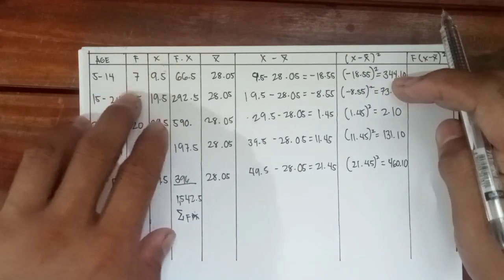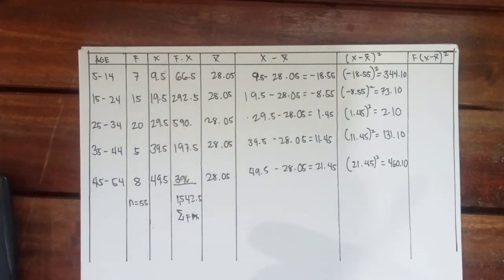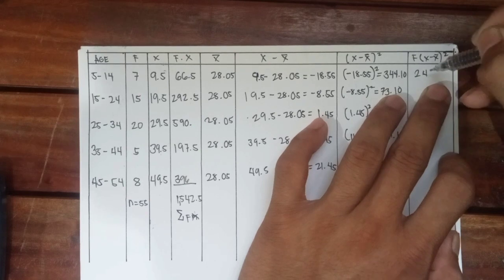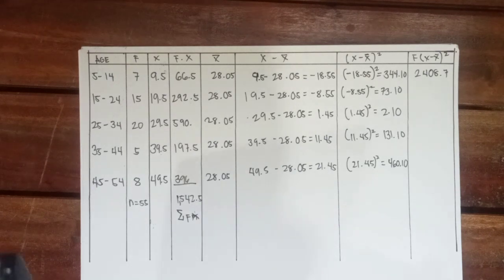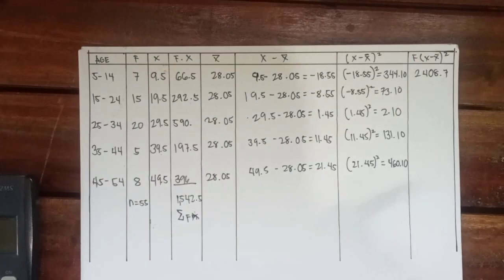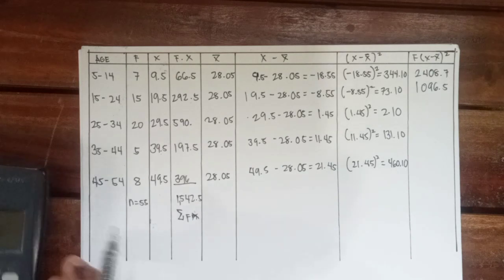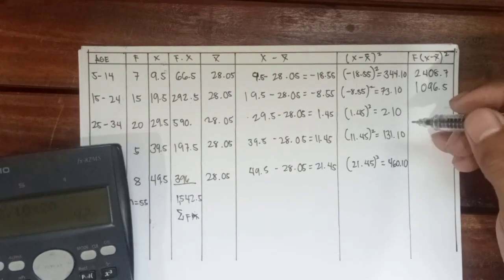So, ang huling proseso nito ay i-multiply natin yung f dito. So, multiply natin yung 7 times 344.10. And the answer is 2,408.7. Continue ang proseso. 15 times 73.10. So, 1,096.5. And then 2.10 times 20 is equivalent to 42.